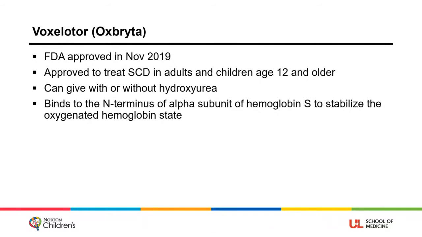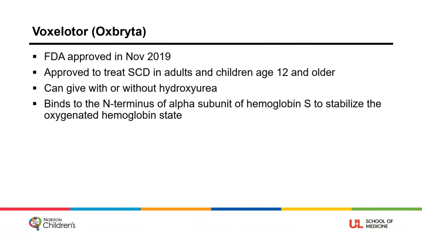After just 2 weeks of treatment, all doses of Oxbryta were associated with an increase in median hemoglobin levels and a reduction in clinical laboratory markers of hemolysis. These improvements persisted through 6 months of treatment, with a median increase in hemoglobin of about 1 gram per deciliter, and greater than 50% of patients achieving an increase in hemoglobin from baseline regardless of hydroxyurea use.